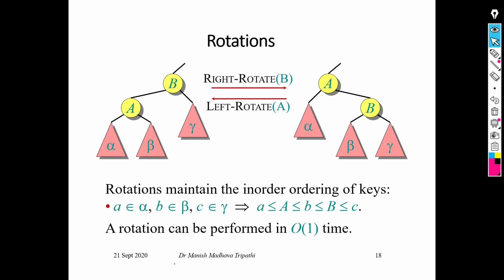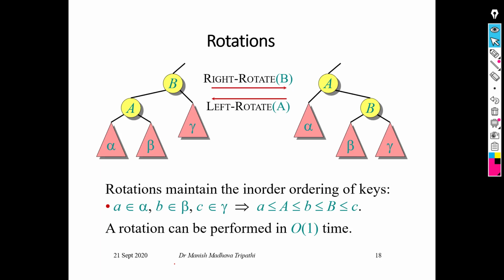Another important property in the tree is rotation. Rotation is the most important property because it serves the purpose of making a red black tree. I already explained that a binary search tree has an unbalancing problem, and a red black tree can solve this problem, and the tool is rotation.